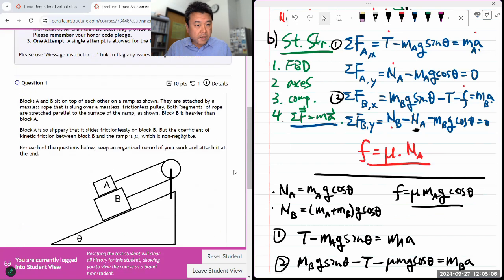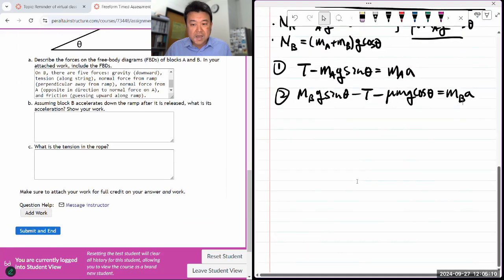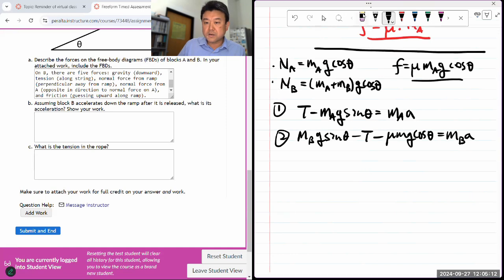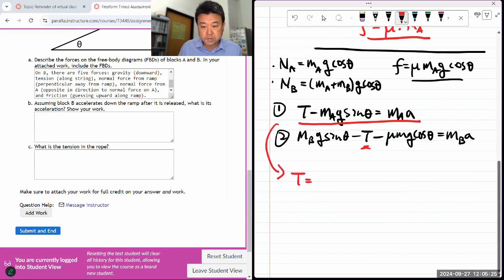And how much time do I have? 8 minutes. Yeah, let me do it this way. I'm going to solve the simplest equation for tension first, and then plug it in here to eliminate tension. So I get T is equal to m_A a plus m_A g sine theta.